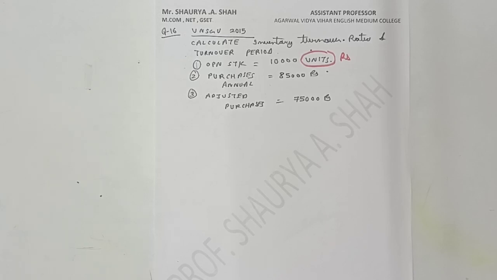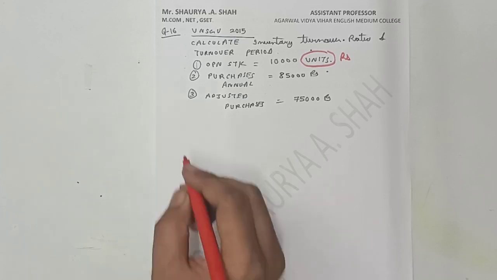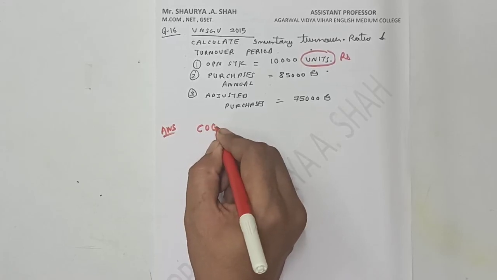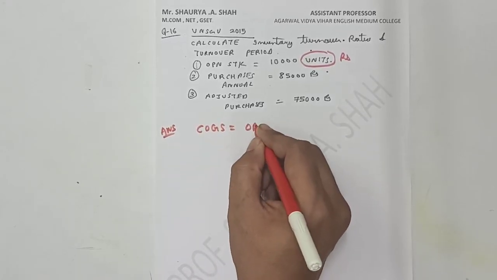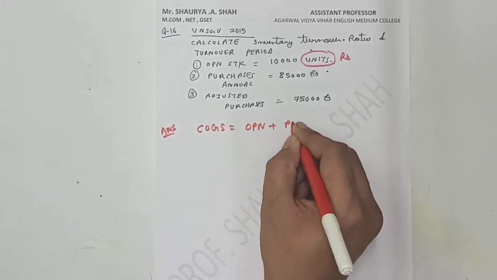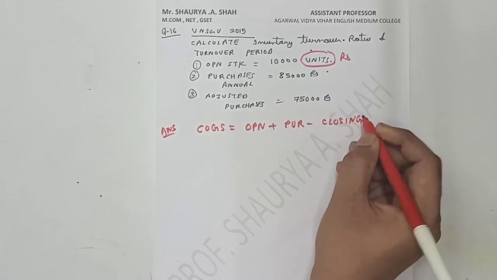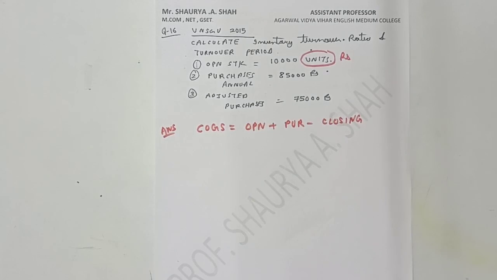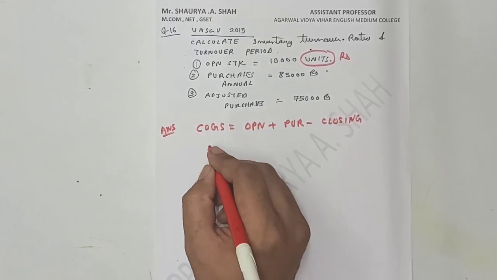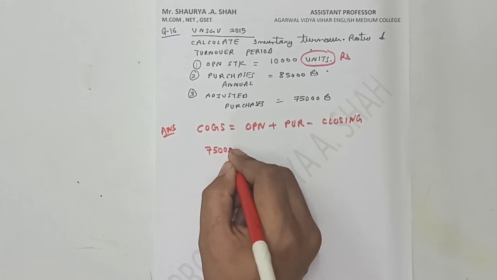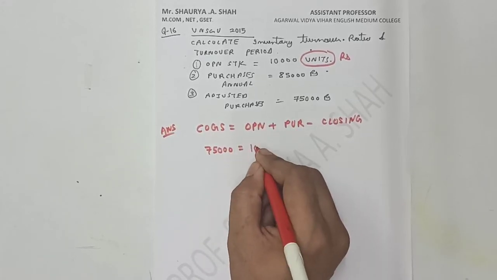As usual, we'll be calculating with the help of cost of goods sold, that is adjusted purchase. Cost of goods sold is equal to opening stock plus purchase minus closing stock. Carefully take rupees here. Cost of goods sold, my adjusted purchase, is 75,000.